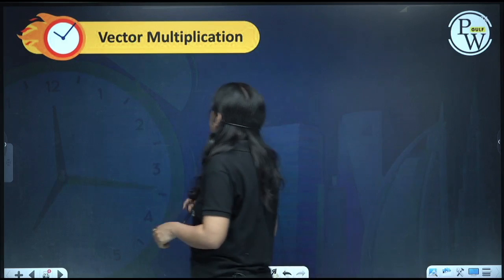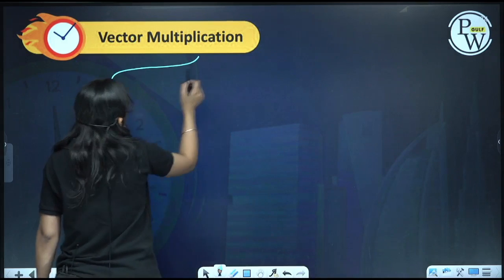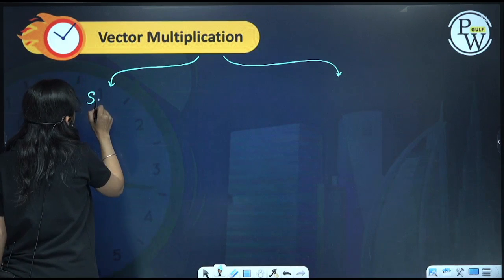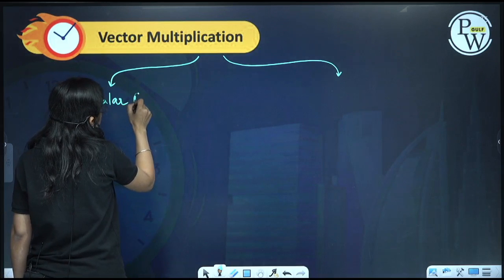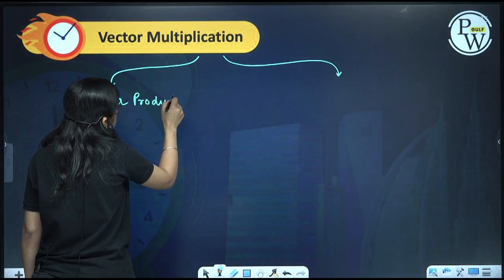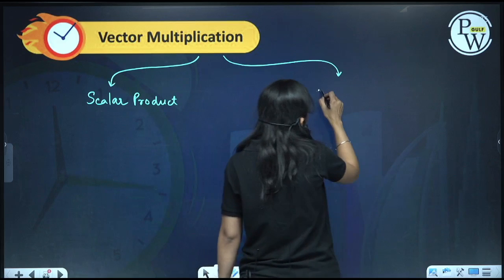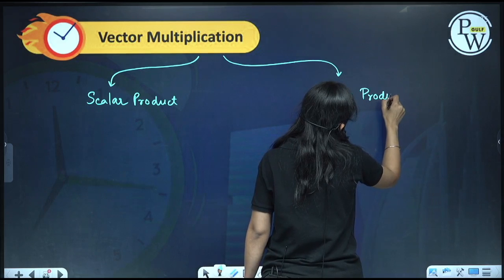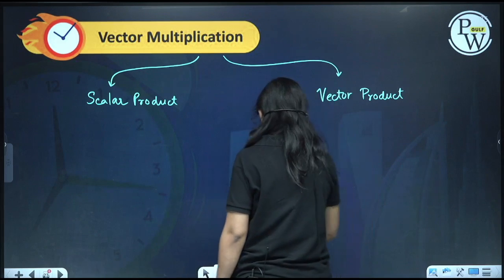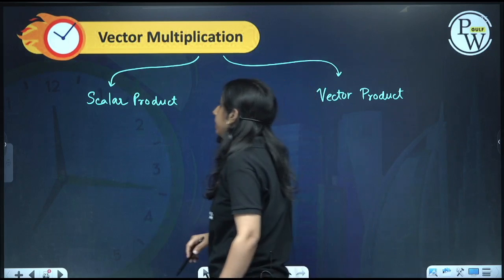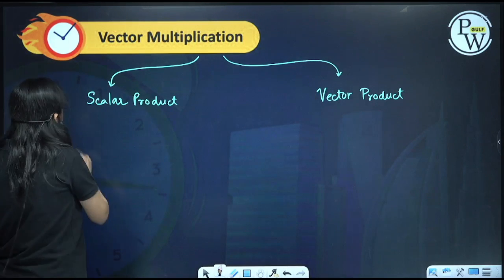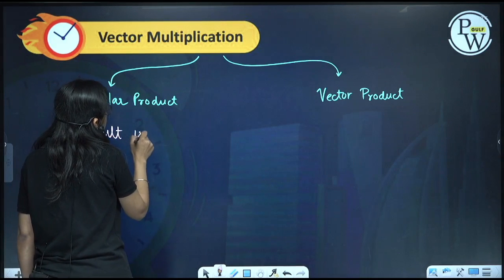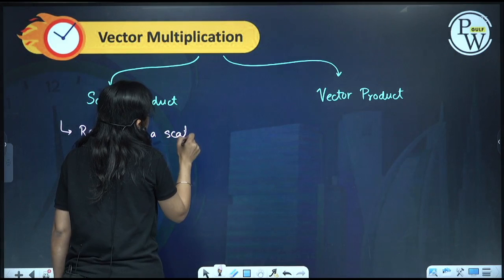So vector multiplication is of two types: scalar product and vector product. The name scalar product itself suggests that the result is a scalar number.